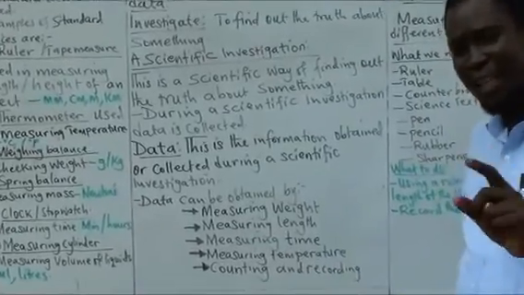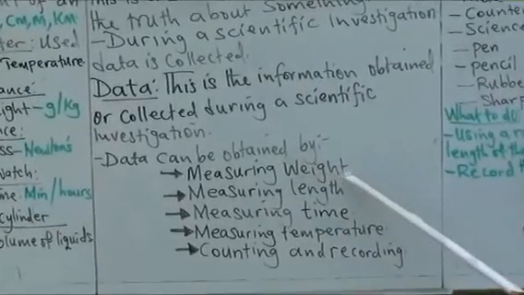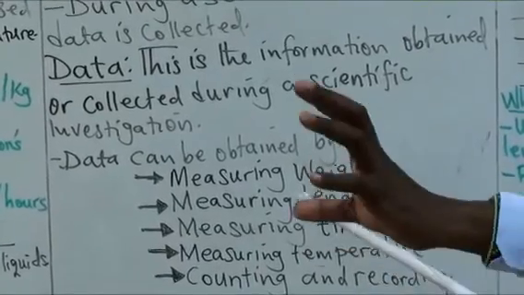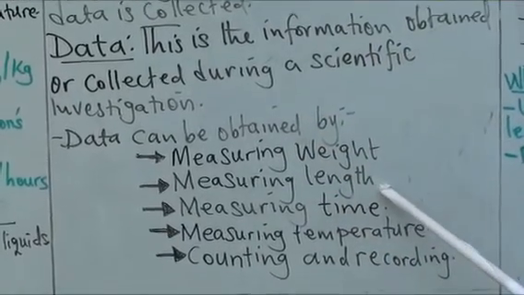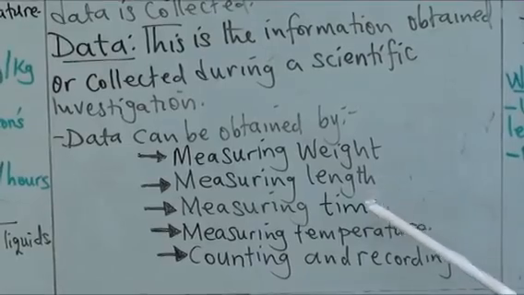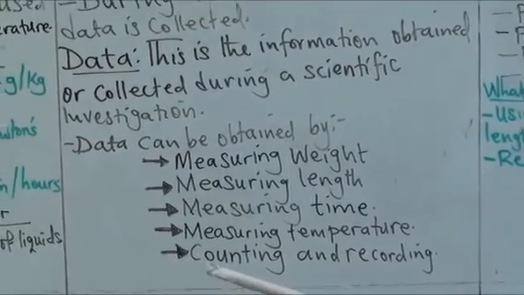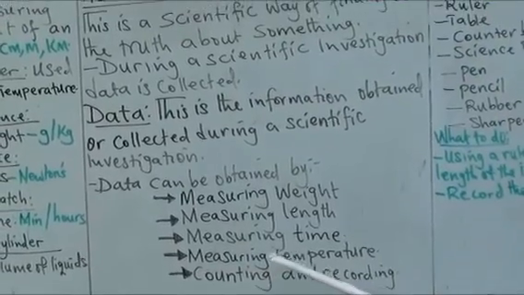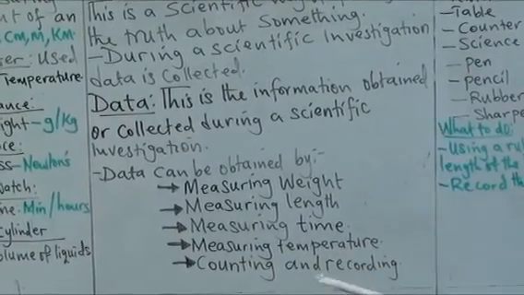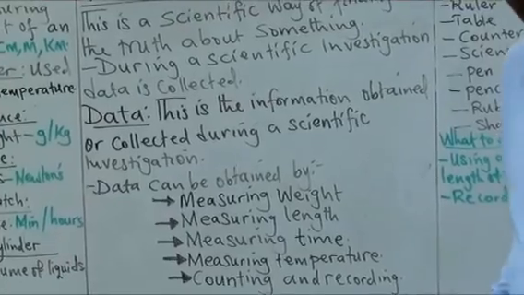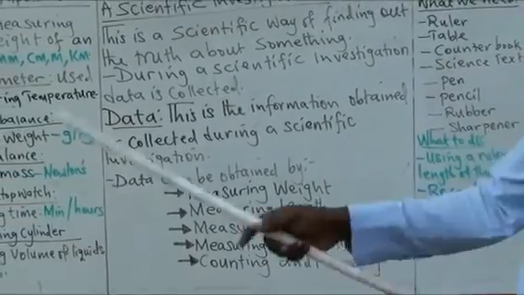Now, data can be collected by measuring the weight of an object or different objects, measuring the length of objects, and measuring time using the chronometer, the watch or the stopwatch. We can measure temperature, as we have talked about. Data can also be collected by counting and many other ways.